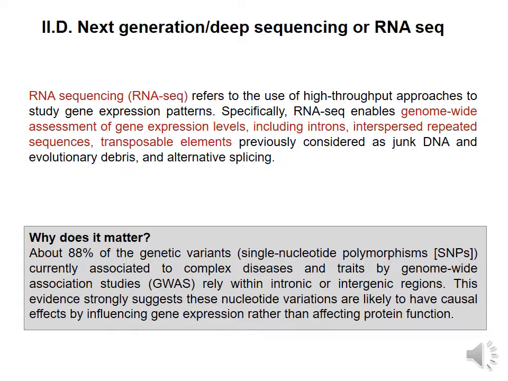So with RNA sequencing analysis, you can pick up all these SNPs that you wouldn't see when looking at total protein levels, for instance. So RNA sequencing is providing a big advantage in how we understand transcription regulation.